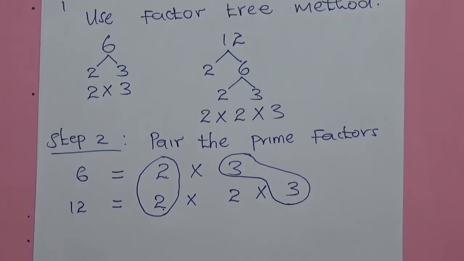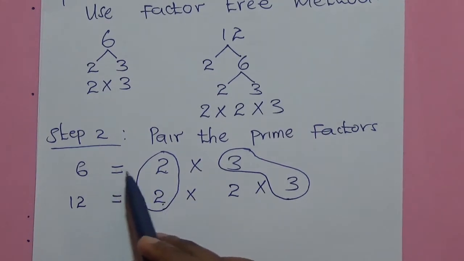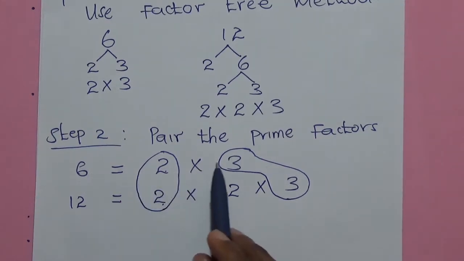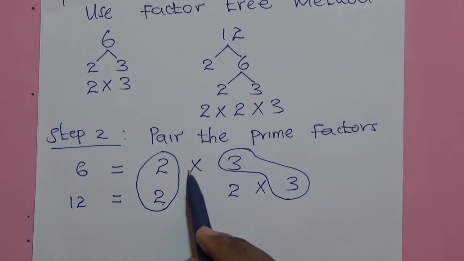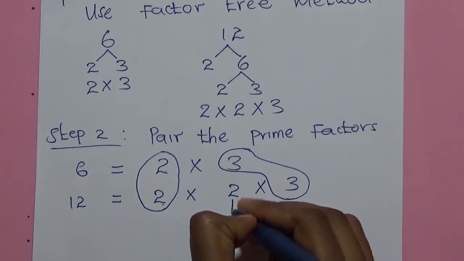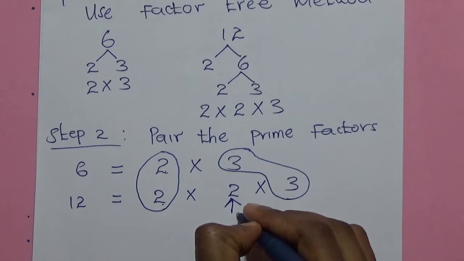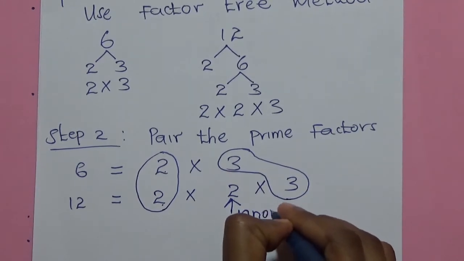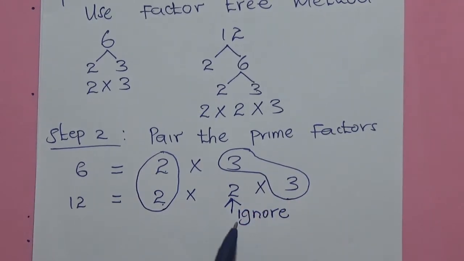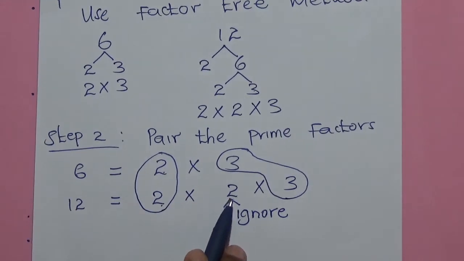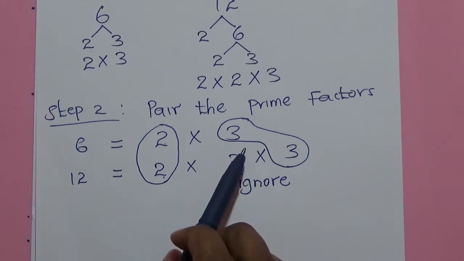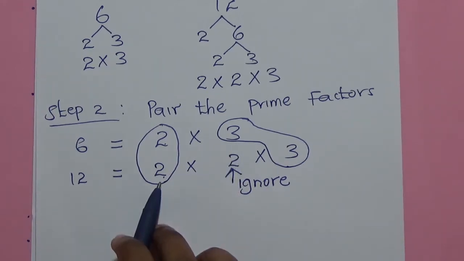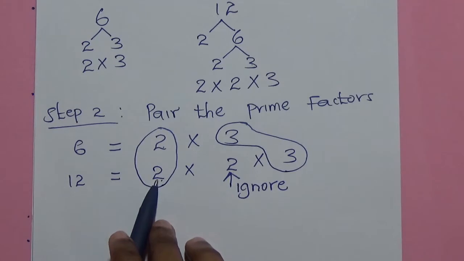So in the prime factors of 6, we don't have any more prime factors. But in 12, we have a 2. But this 2 does not have a pair. Therefore, this one we are supposed to ignore. The one which does not have a pair, you ignore it. Then, out of each pair you pick one number. Here we have a pair of 2.